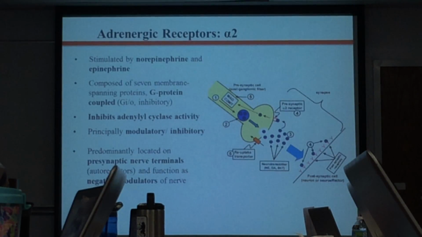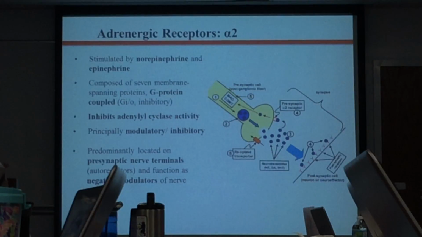When we talk about autoreceptors for dopamine neurons, they are located in the dopamine neurons. When an autoreceptor is activated, it inhibits neuron firing and inhibits dopamine release. It's the complete opposite of the postsynaptic receptors.